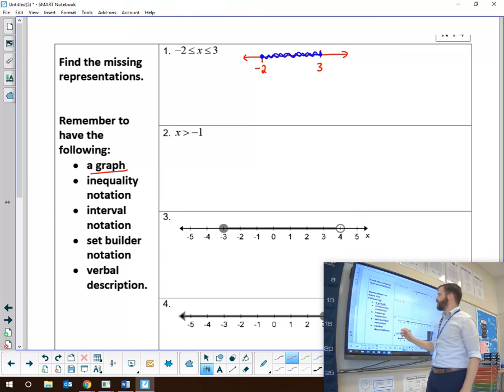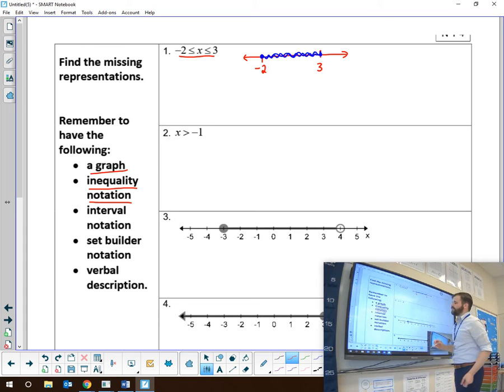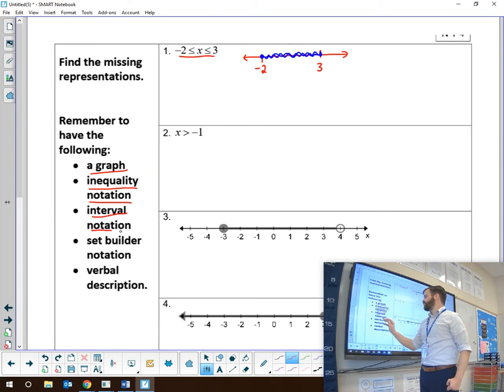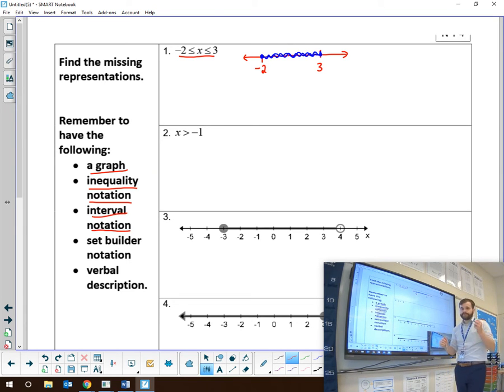The next way that we want to write is inequality notation. Now, it's already in inequality notation, so we're good. Next, interval notation. So remember, interval notation is with the brackets or parentheses, and you're just laying out your parameters.